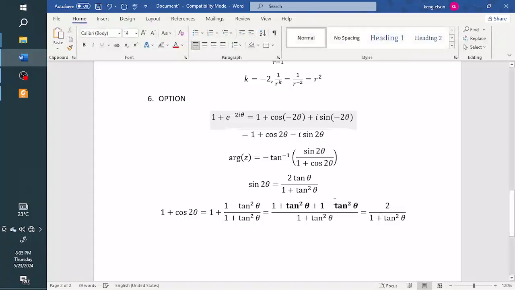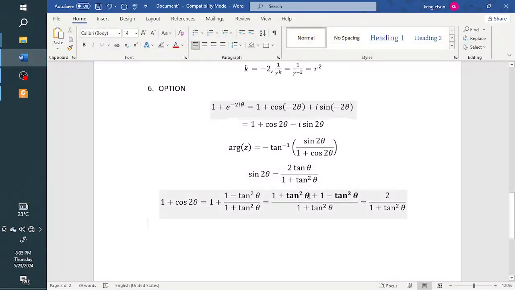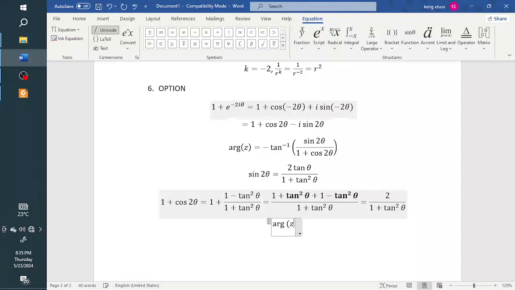So my argument of my complex number will just be equal to negative tan inverse of, my numerator is 2 tan theta divided by 1 plus tan squared theta, because it is sine 2 theta. Now we have to divide it with this denominator.